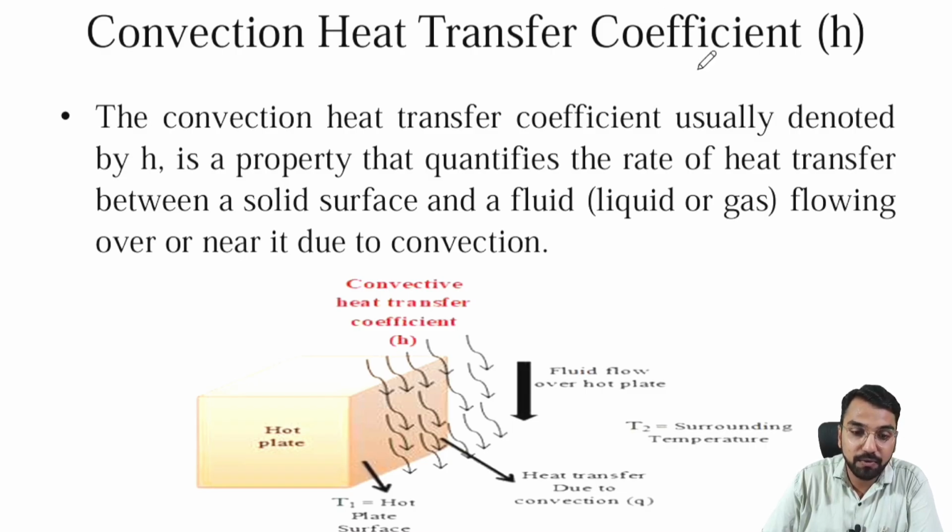The convective heat transfer coefficient is usually denoted as h, as we have seen earlier. It is a property that quantifies the rate of heat transfer between a solid surface and the fluid, meaning liquid or gases, flowing over or near it due to convection.